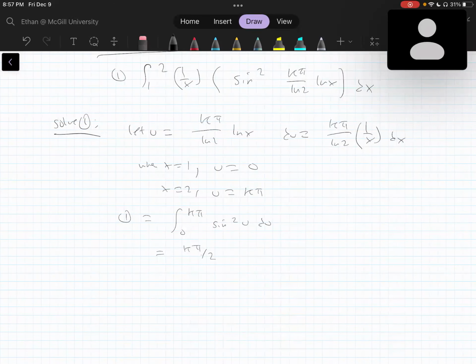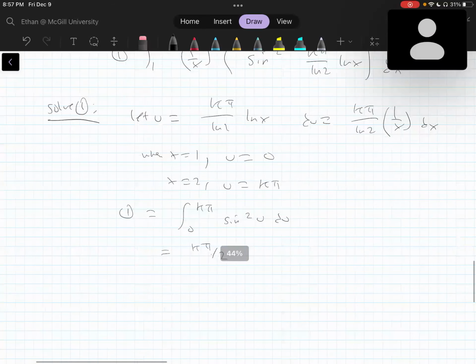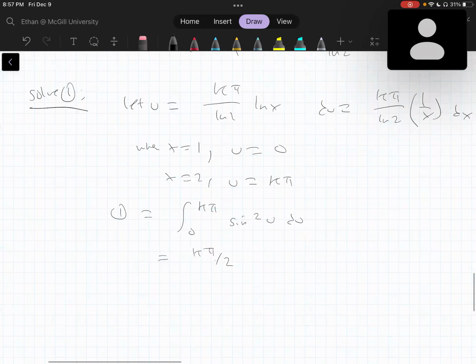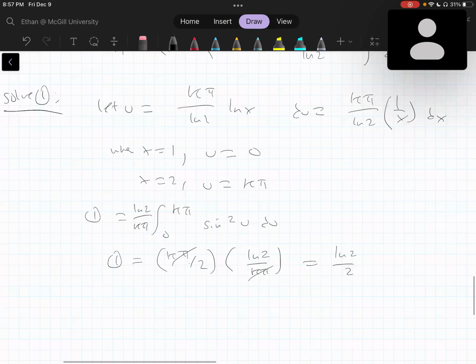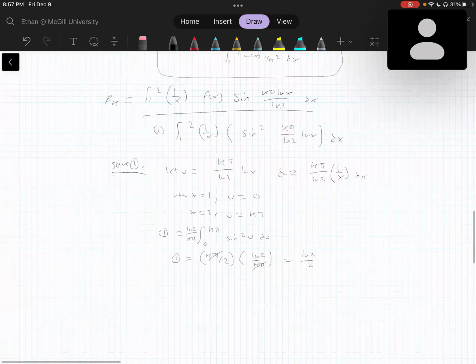And obviously we need to multiply out, which I forgot to do, by ln 2 over k pi when we make that u substitution. So we're going to have k pi over 2 times ln 2 over k pi. The k pi's will cancel, and that's going to be equal to ln 2 over 2. There you go. So then your BK coefficient is just going to be equal to 2 over ln 2 times the integral in the numerator.